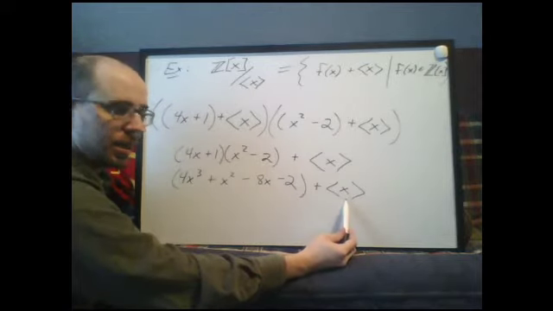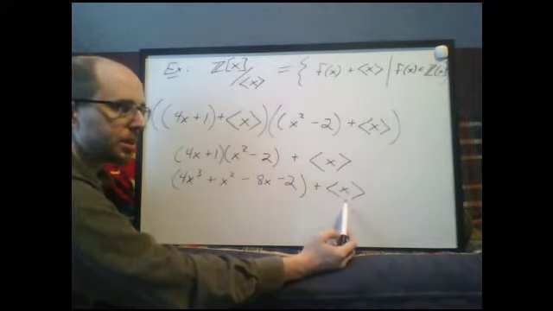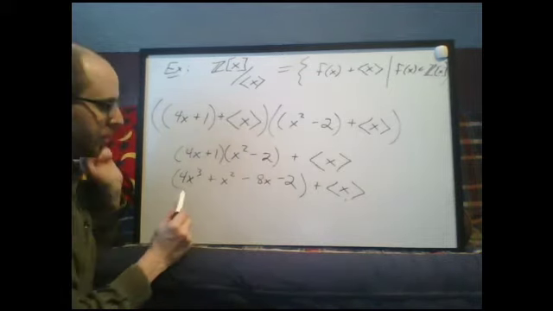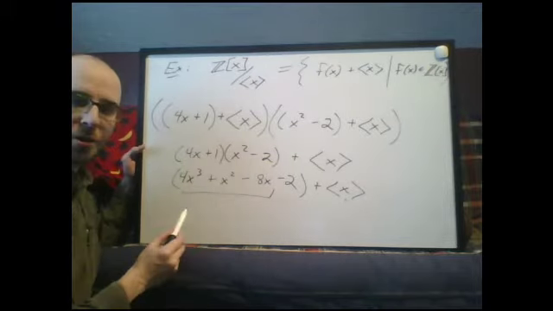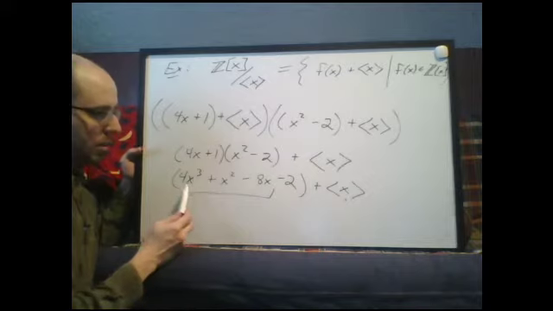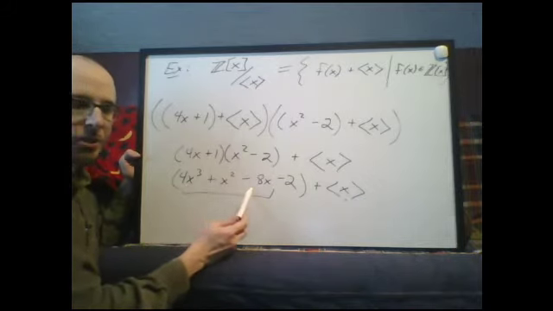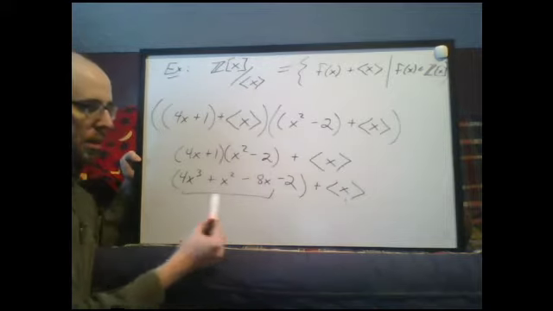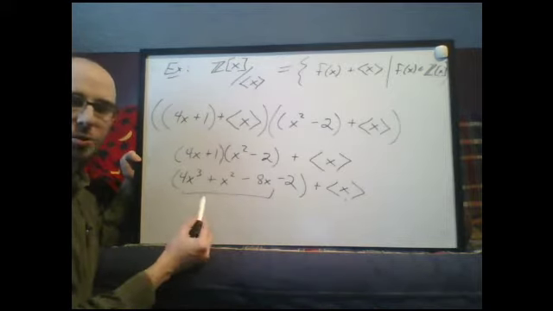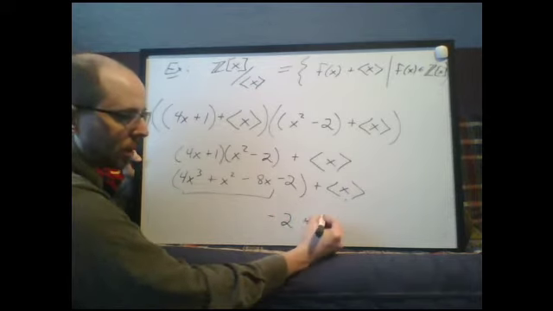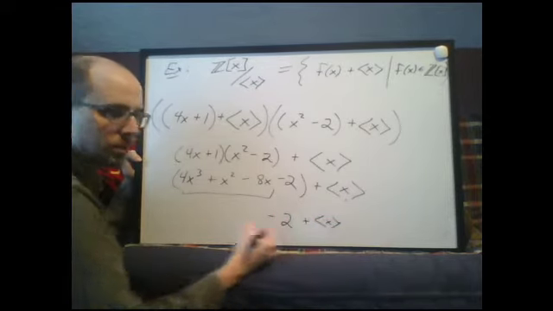This ideal consists of every element with zero constant term. So everything other than the constant term has x as a factor, so each of these terms can be absorbed into the ideal. So this coset simplifies as -2 plus the ideal.